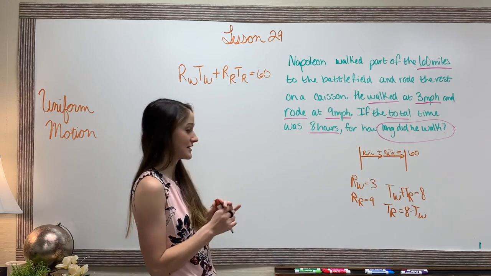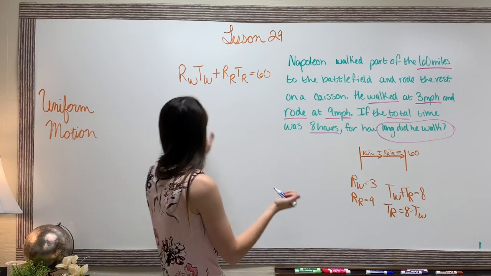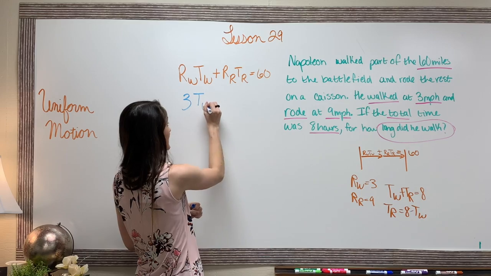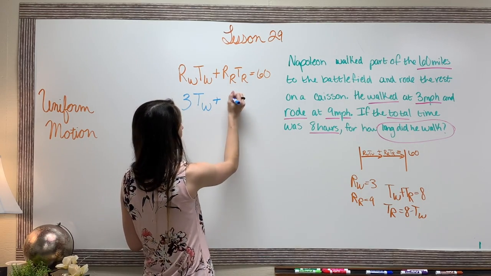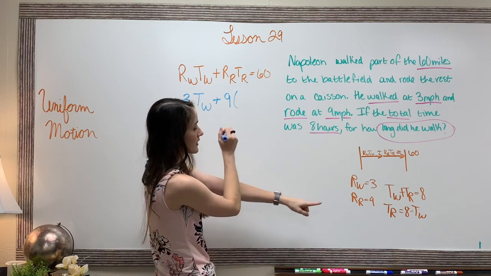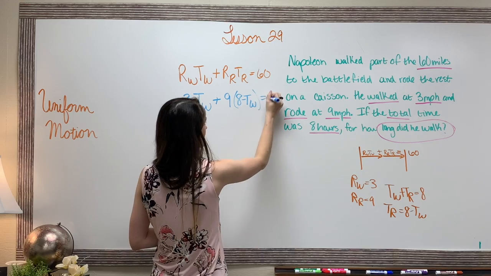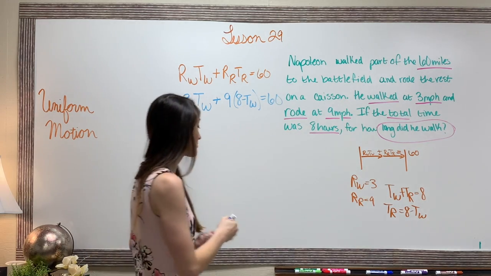So we can plug this in now. Okay, so instead of RW, we're going to say 3. We're going to leave TW as it is because that's the thing that we're wanting to find. Plus, R of R is 9 and T of R is going to be 8 minus TW equals 60. So now we're just going to solve for TW and be done.